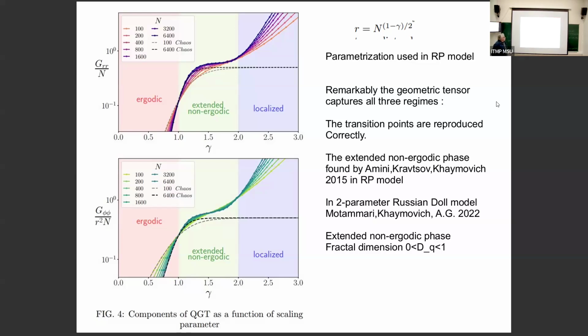So remarkably, we have reproduced the existence of the extended non-ergodic matrices phase, in the version of the so-called Rosenzweig-Porter model.